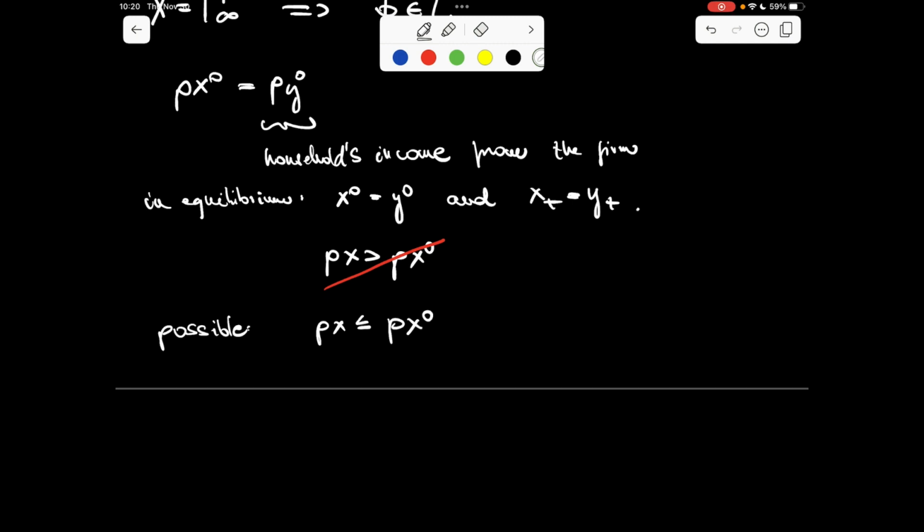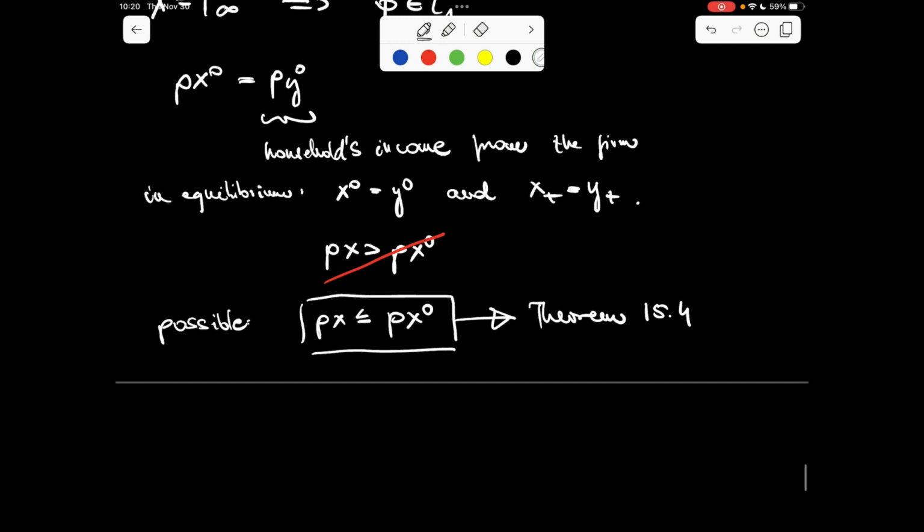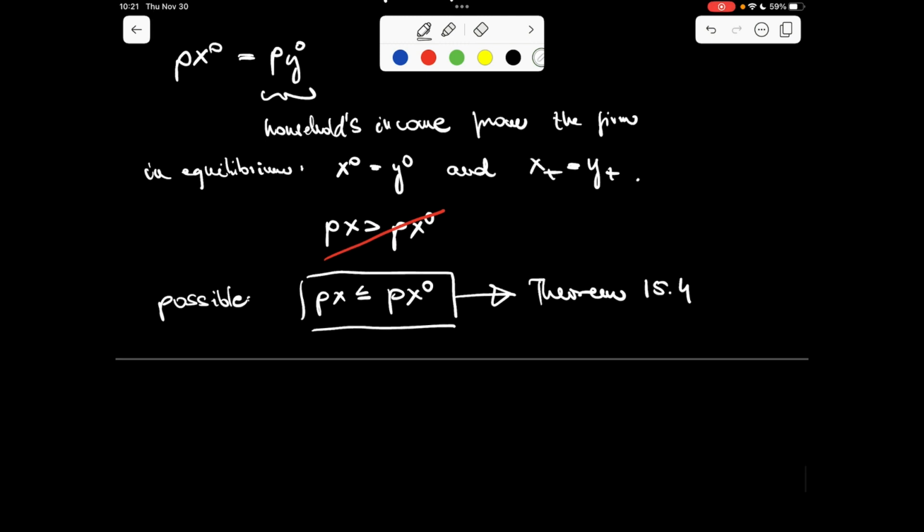It is interesting because this inequality gets us to theorem 15.4, because if we have such a price system, then we have a price system that satisfies theorem 15.4, because the zero sequence is a possible sequence. So if we had an appropriate price system, then the remark would also be satisfied.